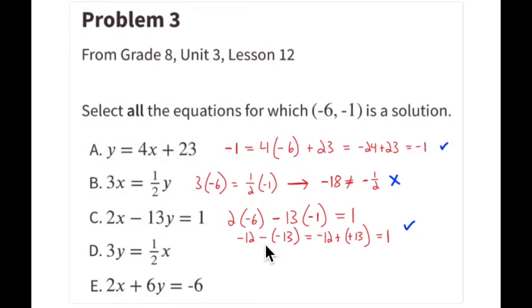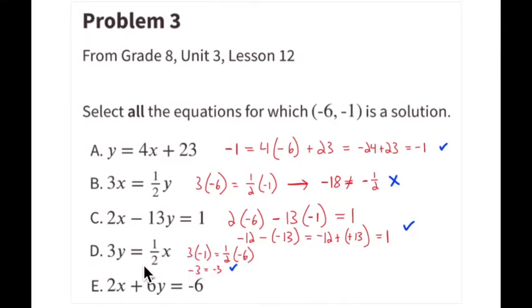So now I'm going to add the additive inverse in order to combine these 2 terms, you can call them. So that's a -12 plus a positive 13. -12 plus a positive 13 equals 1. So in fact, you do get 1 equals 1. So that does work. So C works.